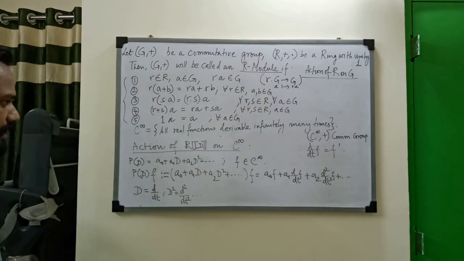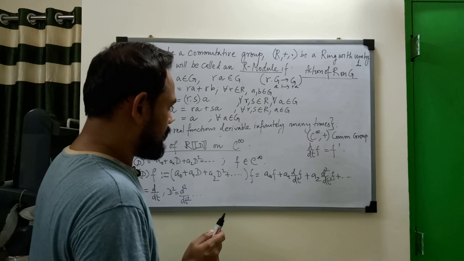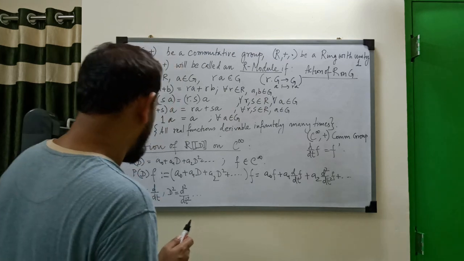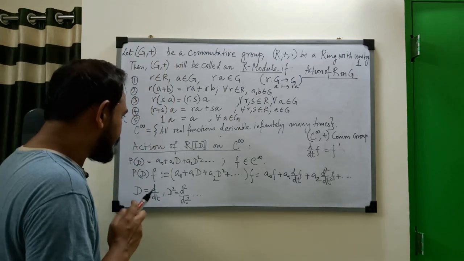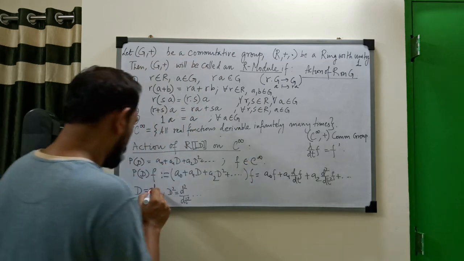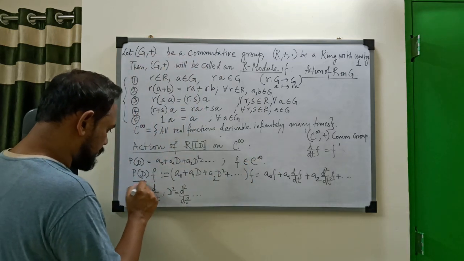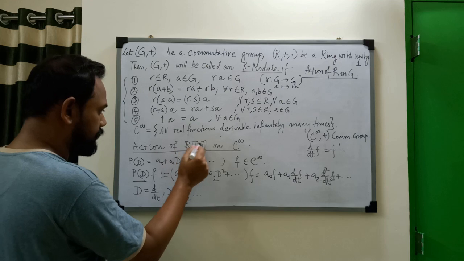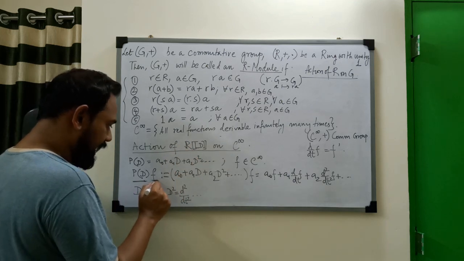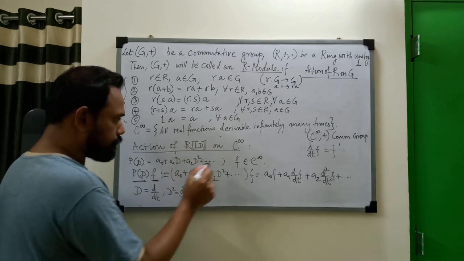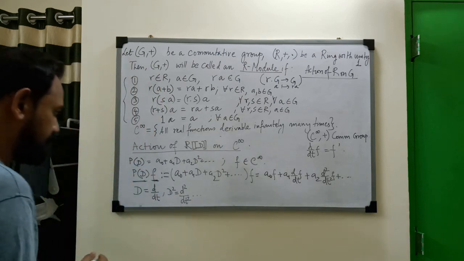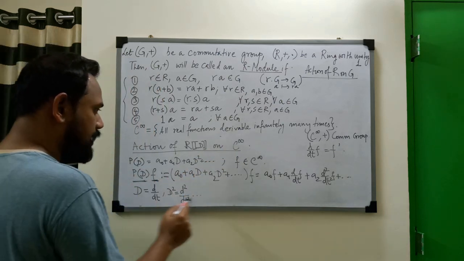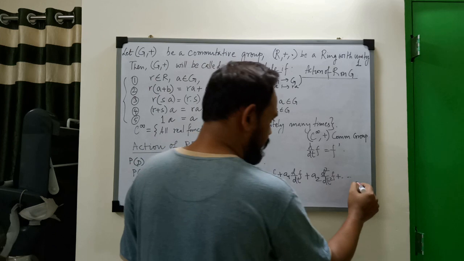That's the action. And remember, why is this an action? Because this is an element of R, which is the ring. F is an element of C infinity, the group. This should be an element of C infinity.